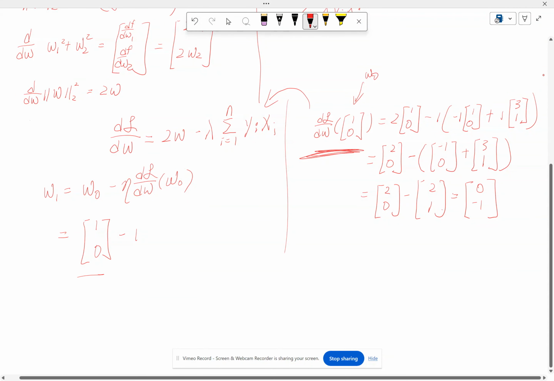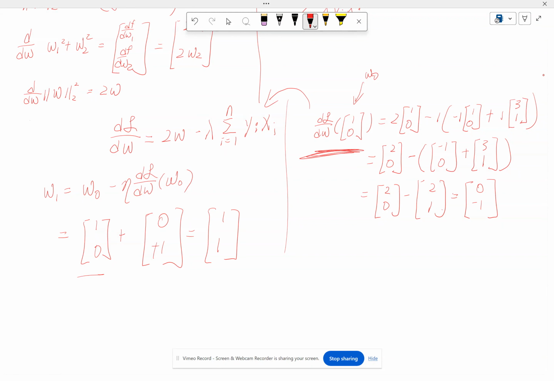So W0 times 1, and you have 0 minus 1. Well, this is just minus, plus, and plus. This means it's 1, 1. So this is equal to W1. Okay, so that's the idea.